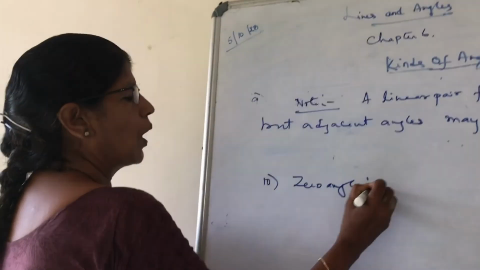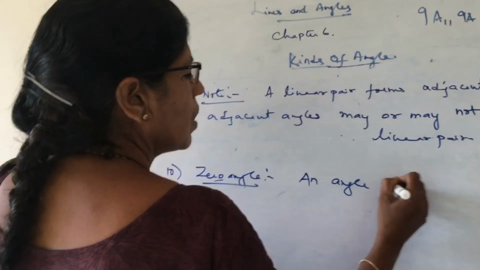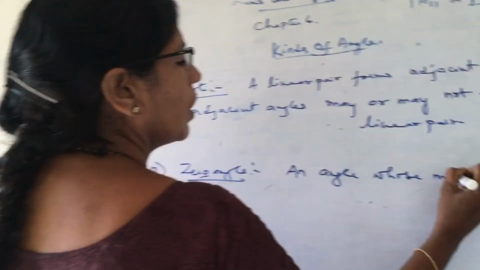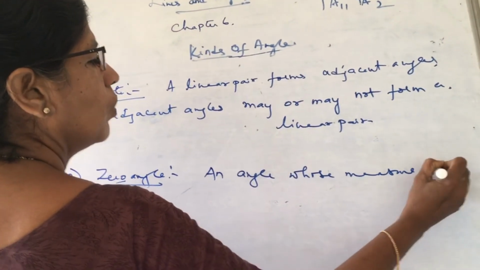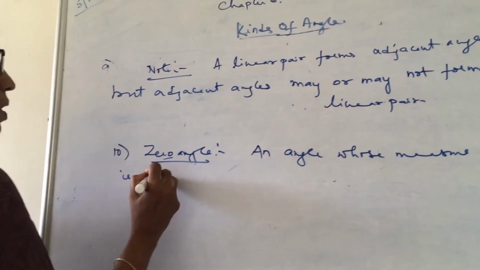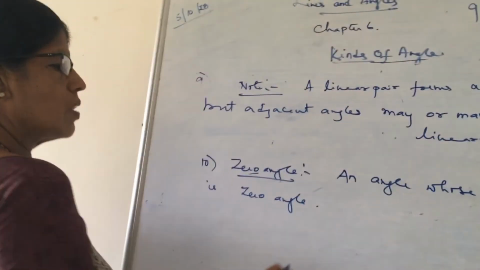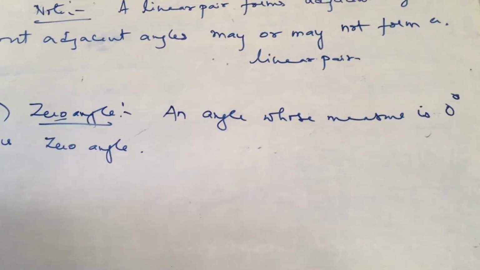What is zero angle? An angle whose measure is 0 degrees is a zero angle. Hope you have followed, children, all of you.